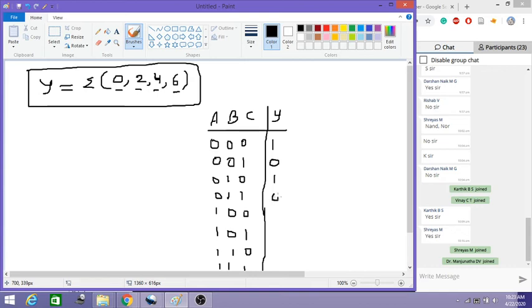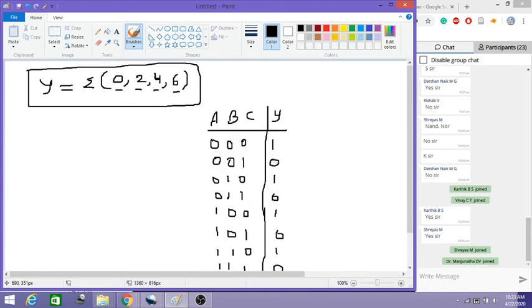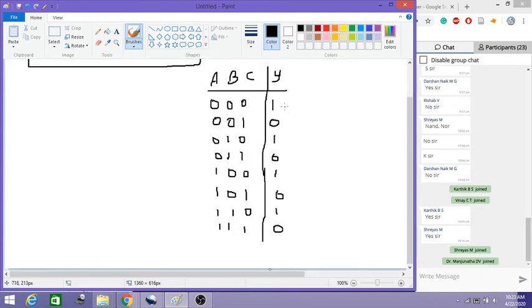And 3 means it should be 0. 4 is 1. And then here 5 is 0. 6 should be 1. And then 7 should be 0. Now looking into this, you can write the expression.